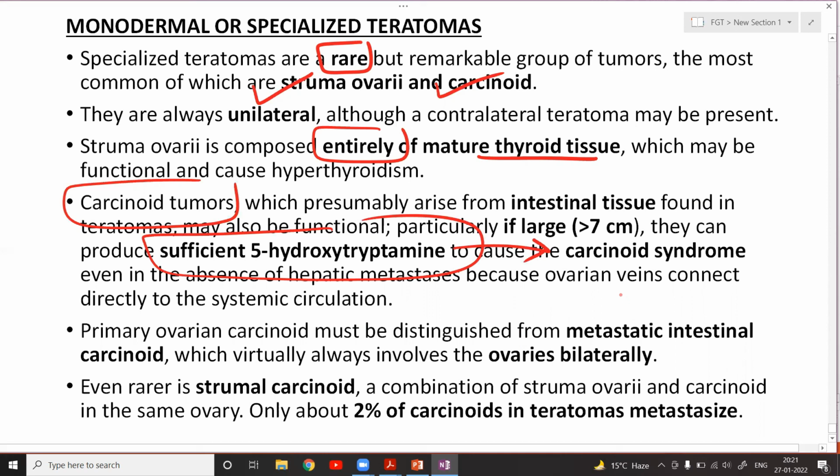Okay, so remember, we have to differentiate the primary ovarian carcinoid from metastatic intestinal carcinoid. Now, in case of metastatic intestinal carcinoid, remember the ovaries are involved bilaterally, whereas germ cell tumors are always unilateral. So this is a very important point of difference between the two. Again, an important viva question. Okay, so this is all about your germ cell tumors.